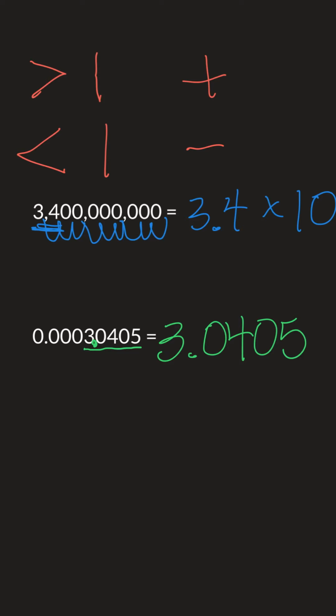It's just how this number worked out. And then I do times 10, and I'm going to count how many jumps it takes to go back to the original decimal point. 1, 2, 3, 4. Again, because this number is less than 1, it'll be a negative exponent. All right, let's go to another example that was given.